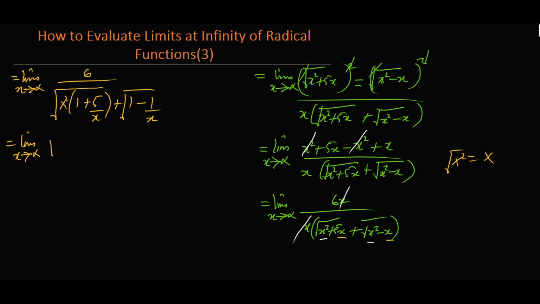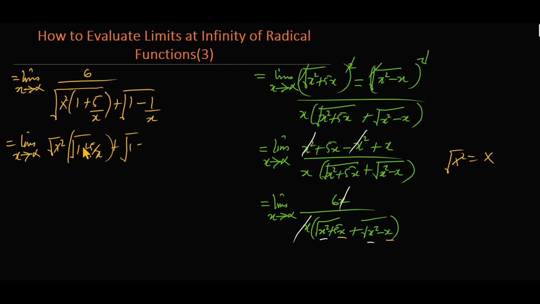So if we write this out properly, this is what we have there. We have root x squared multiply root 1 plus 5 over x plus root 1 minus 1 over x, right? That is what we have. So let's rewrite this properly.